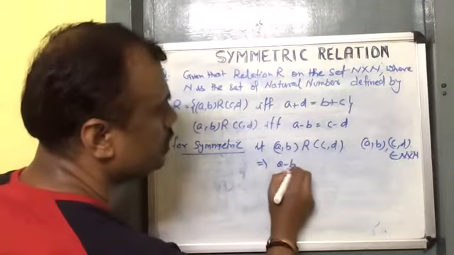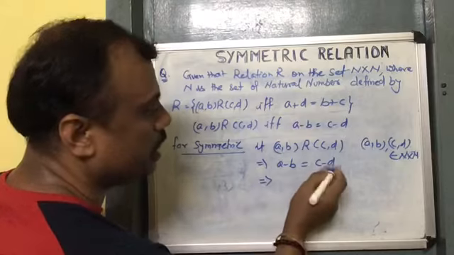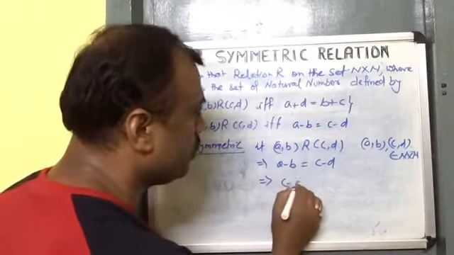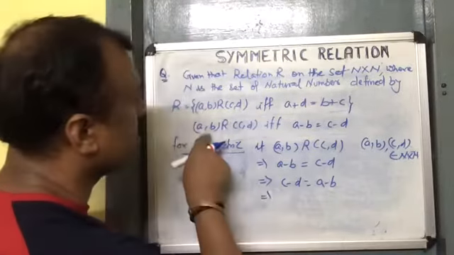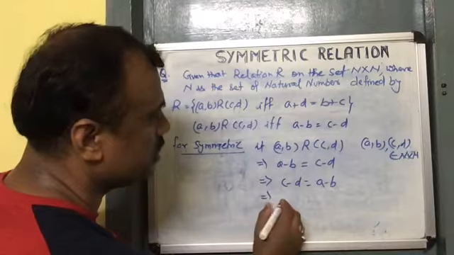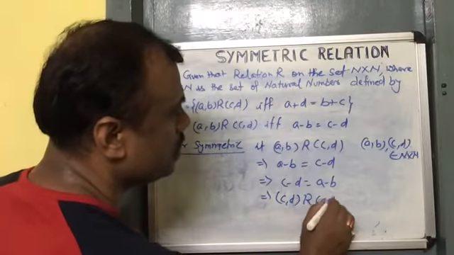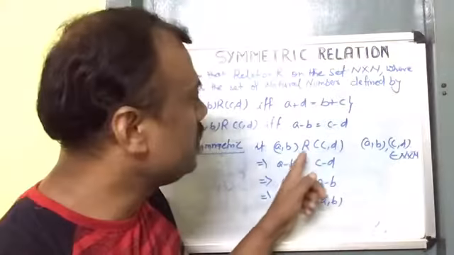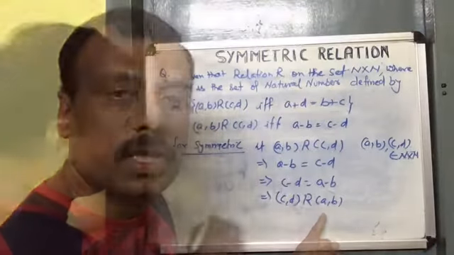A minus B equals C minus D. This implies what? I can write this C minus D on this side, no problem, and A minus B on that side. So by the given relation I can write (C,D) R (A,B). So what happened? We have started with (A,B) related with (C,D) and concluded that (C,D) is related with (A,B).